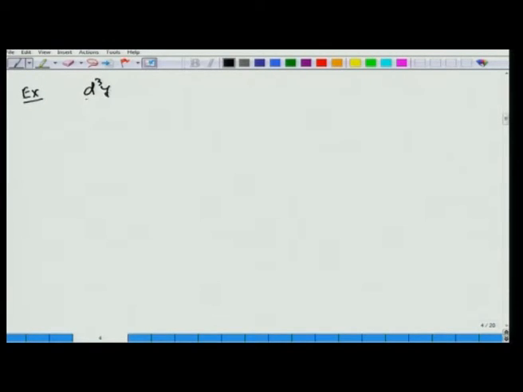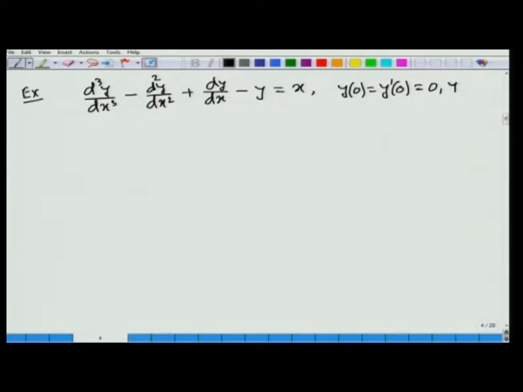d3y dx3 minus d2y dx2 plus dy dx minus y, this is equal to x, where given initial conditions are y0 equal to y dot 0, this is equal to 0, and y double dot 0, this is equal to 1.